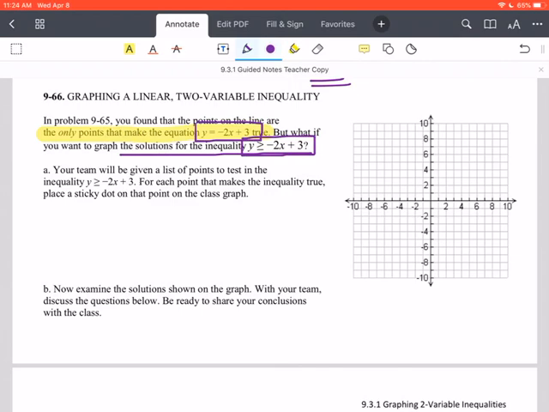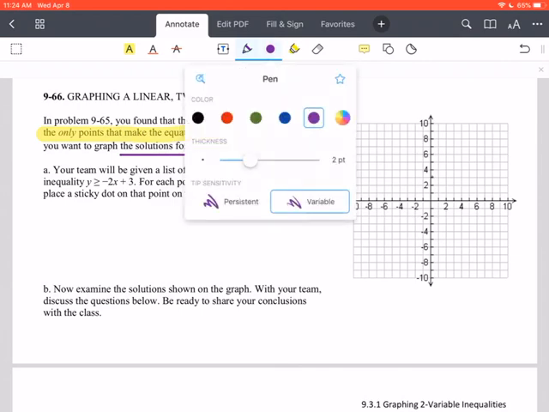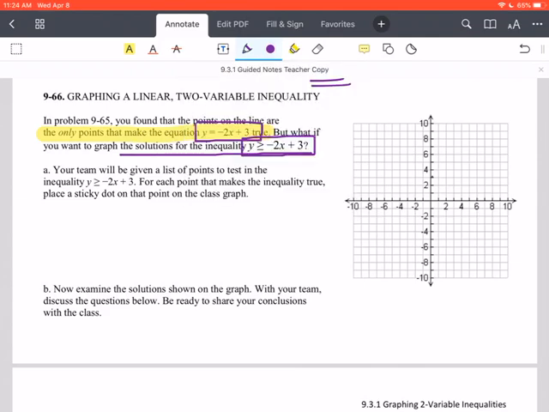So I'm going to go to my graph and plot the value 3. Then I'm going to go down 2 over 1, down 2 over 1, and then make my line.